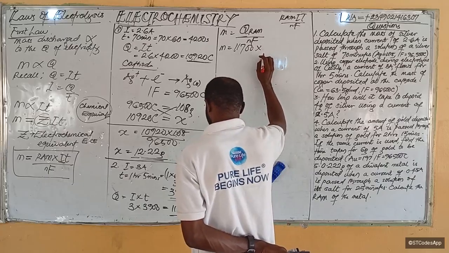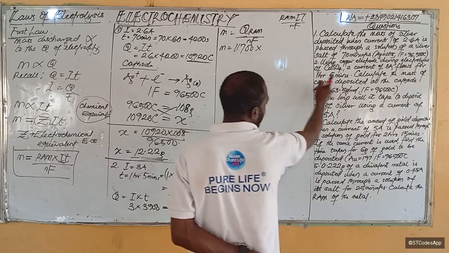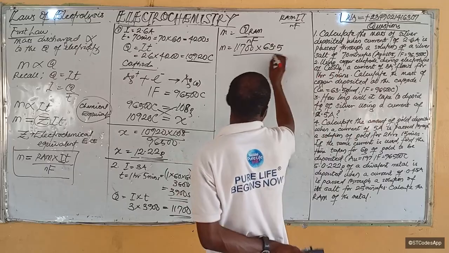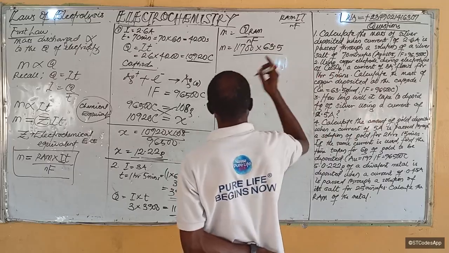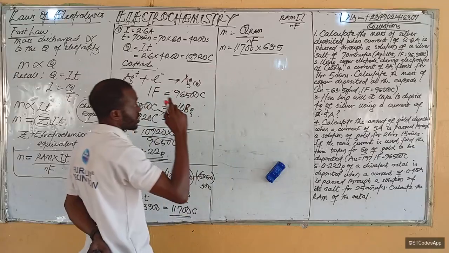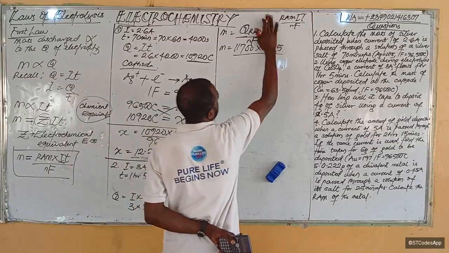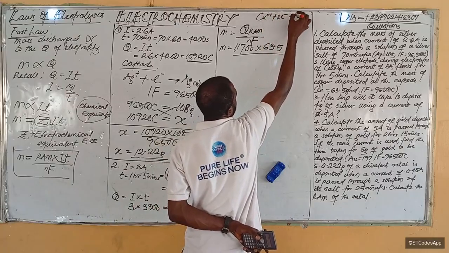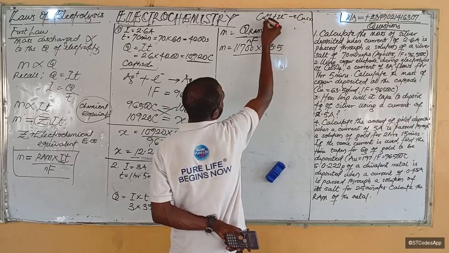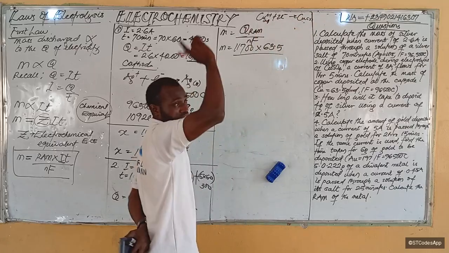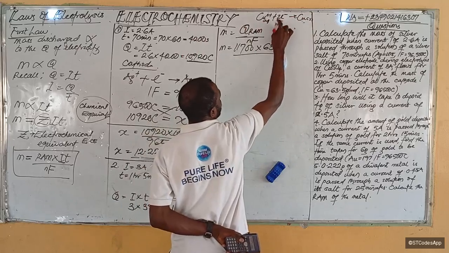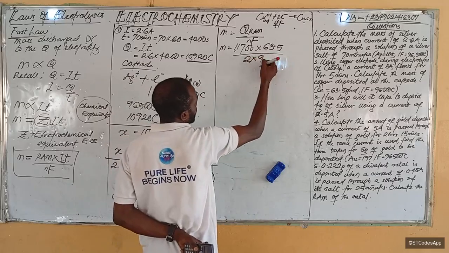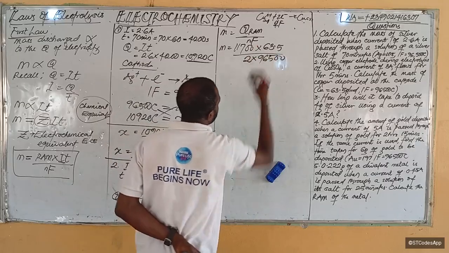What is RAM now? The RAM of the metal. Which metal is this? Copper, 63.5. Divided by NF. Now, what's the quantity of electricity that will be needed to discharge copper? Cu2+ gains 2 electrons to give Cu solid. The phases do not matter, I've told you that before. So 2 Faraday is needed here. 2 Faraday will become 2 times 1 Faraday, which is 96,500.